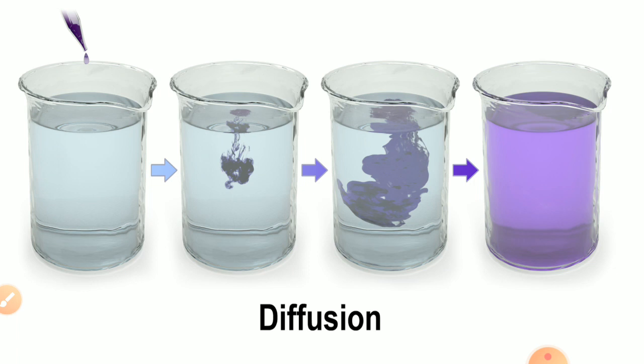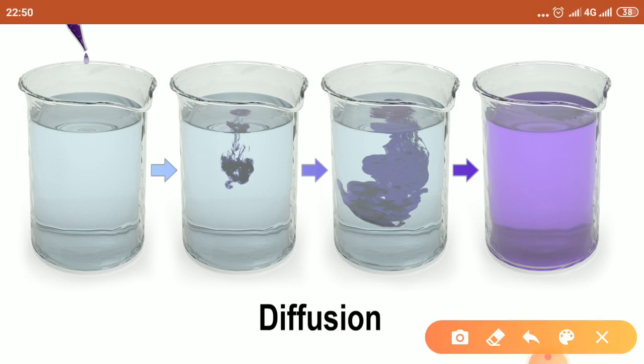And this can happen with solids, liquids and gases, and it is very common in the case of gases. In this picture on the screen, you can see a drop of ink being put into water.